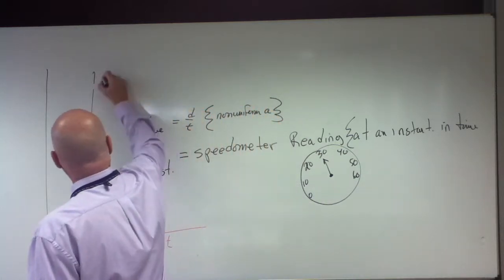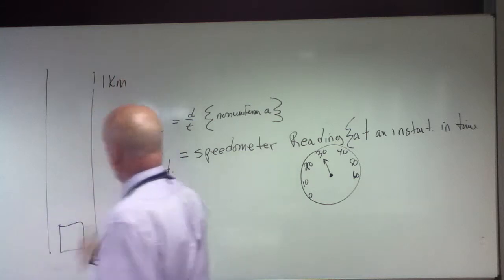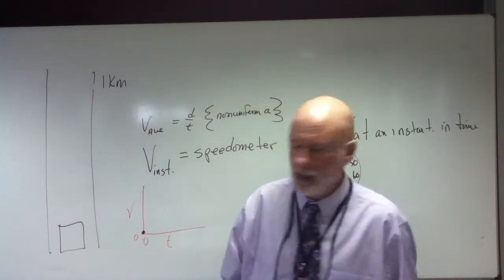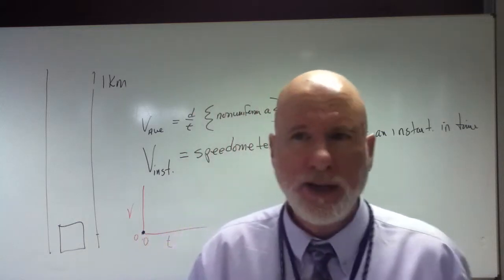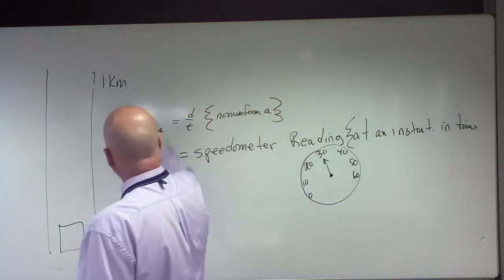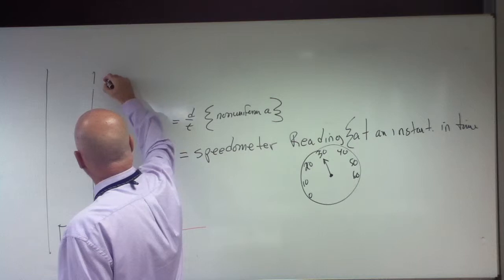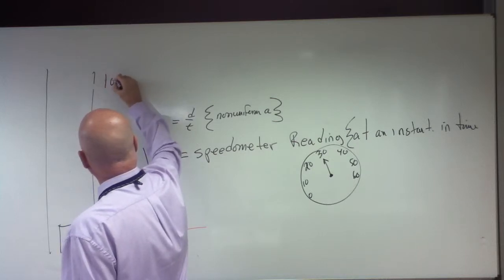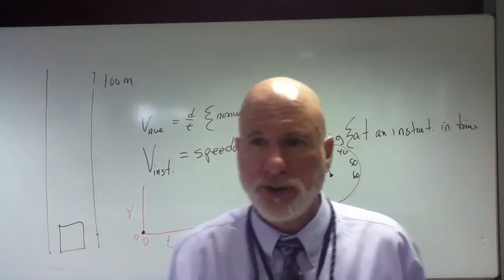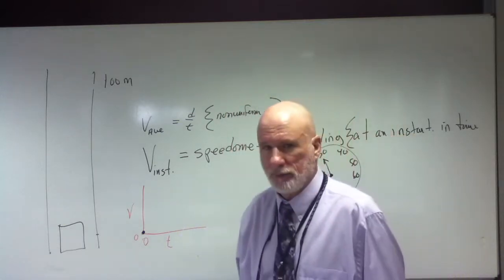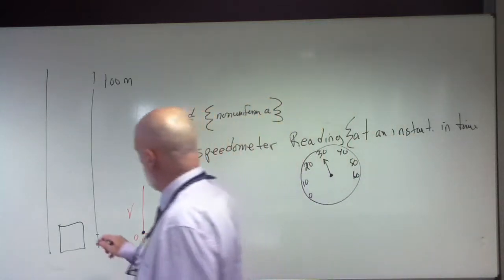Let's say it's going to be 1 kilometer. No, let's say meters. That's too weird. Here's a meter, 100 meters. Now, I'm going to press the accelerator, and I'm going to go from here.